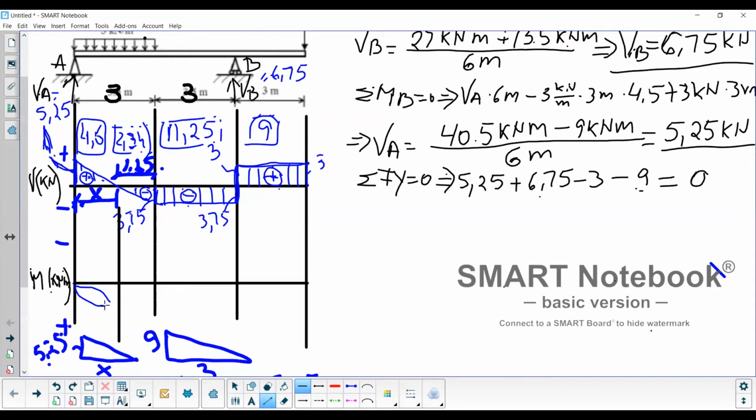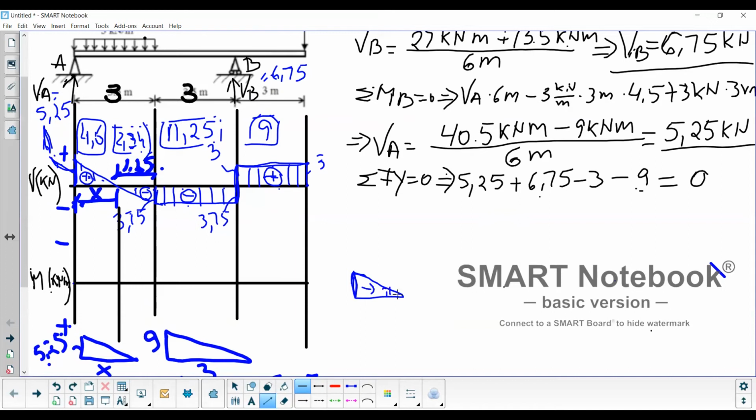I've heard somebody explaining this very beautifully. Let me quickly draw this. This is my shear diagram, and the simplest way somebody explained it, and I thought it makes sense: let's think about it as we have a big value here, and it goes towards a smaller value.